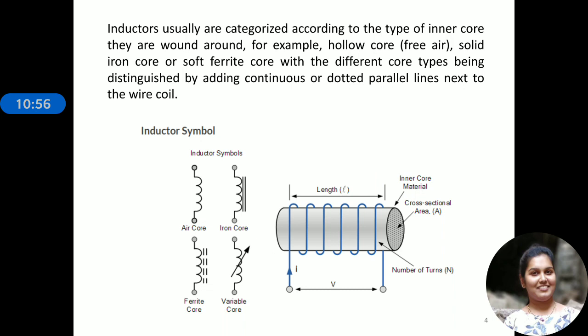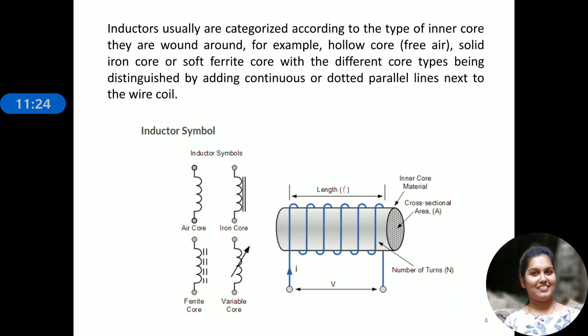Okay, so the current I that flows through the inductor produces a magnetic flux that is proportional to it. But unlike a capacitor, which opposes a change of voltage across its plates, an inductor opposes the rate of change of current flowing through it. There is a difference between capacitor operation and inductor operation.